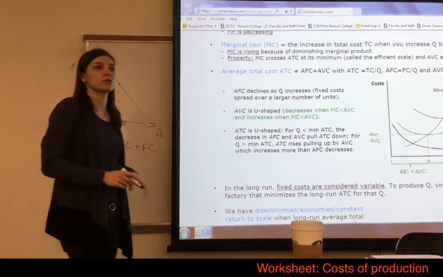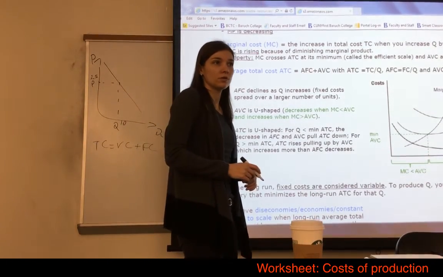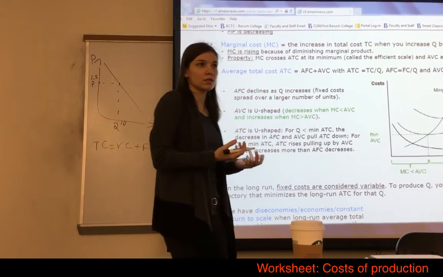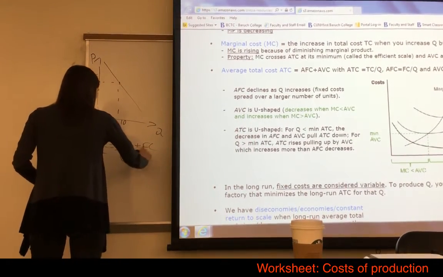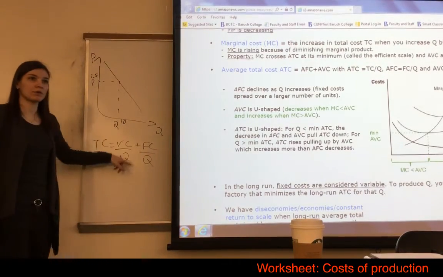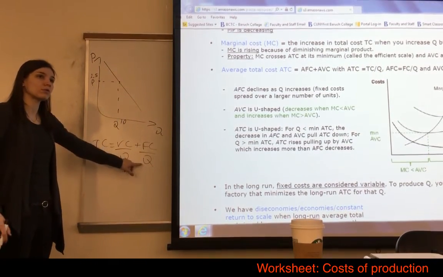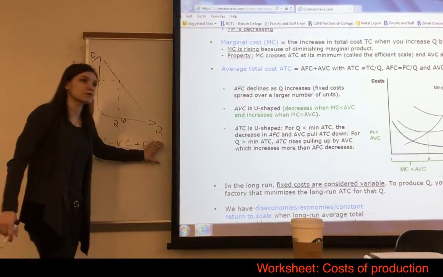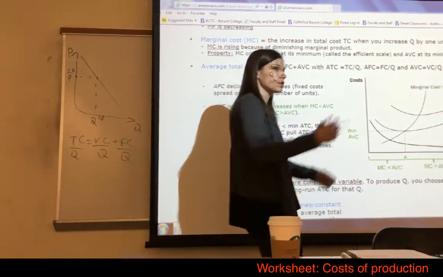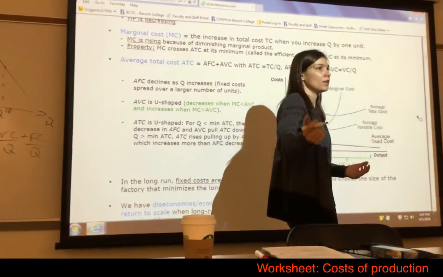If I divide both sides by the same number, which is Q, the quantity, that's still going to be true. So total cost divided by Q equals variable divided by Q plus fixed divided by Q. But this is what we call average total cost, average variable cost, and average fixed cost. Right? So the sum of average variable and average fixed is average total.